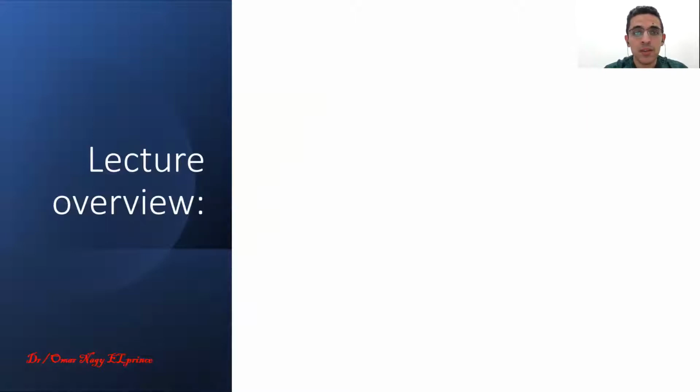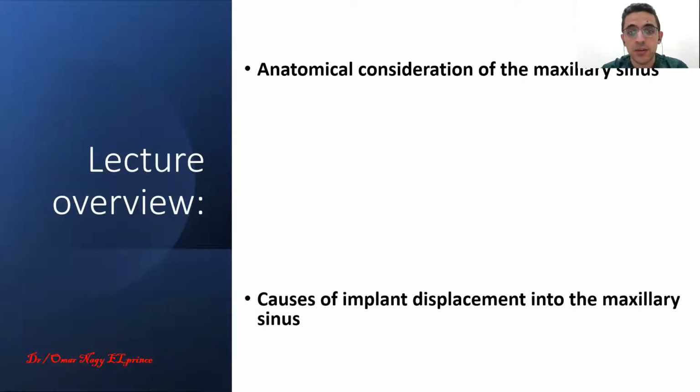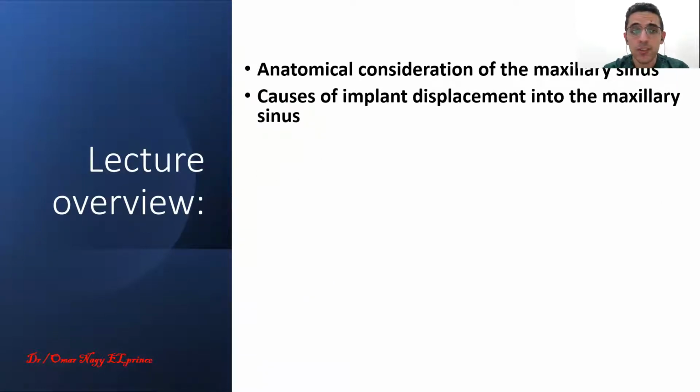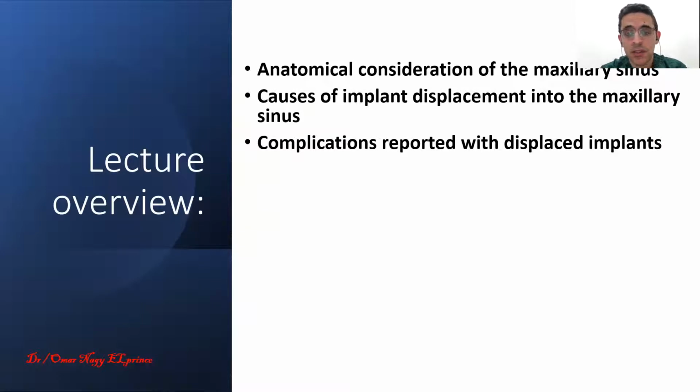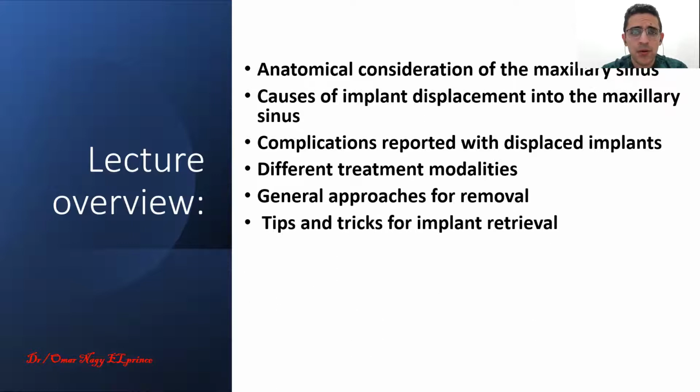So our lecture today will be an overview. We will talk quickly about the anatomical considerations of the maxillary sinus, the causes of implant displacement into the maxillary sinus, and complications reported with a displaced implant. We will certainly talk about the different treatment modalities and general approaches for removal.